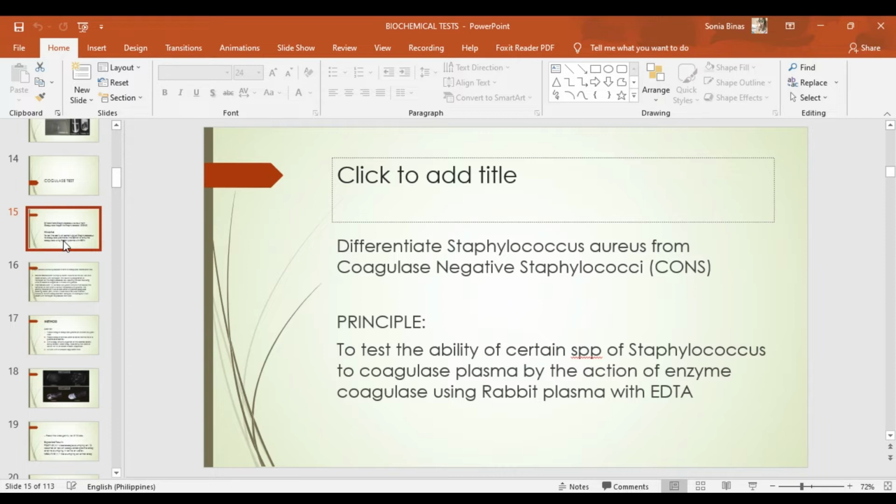So, sa coagulase test po, the preferred reagent is our rabbit plasma. But in the absence of it, we can use our human plasma.